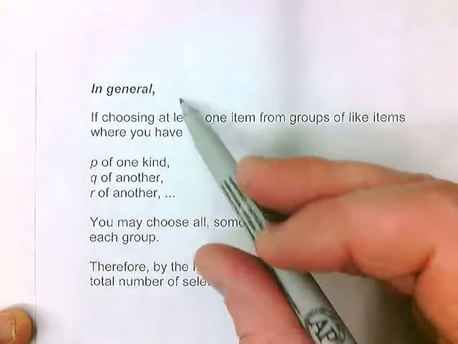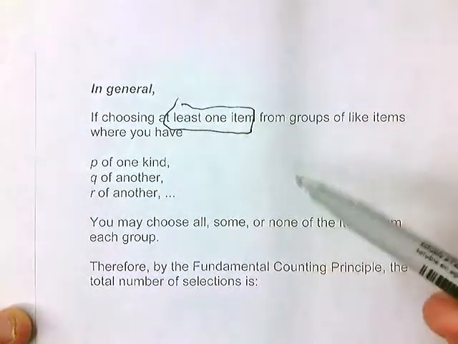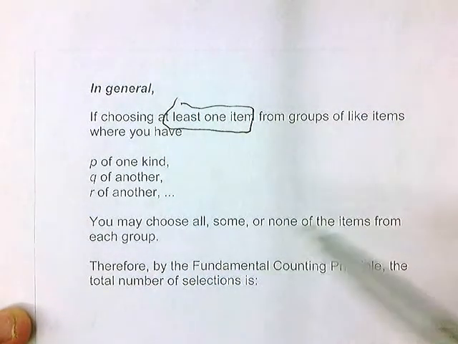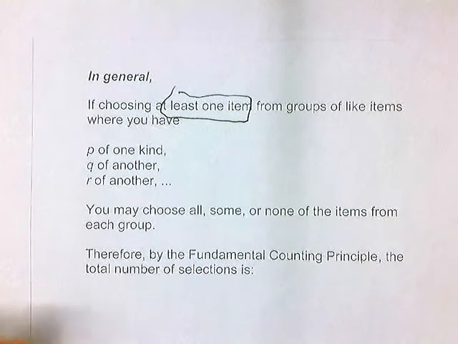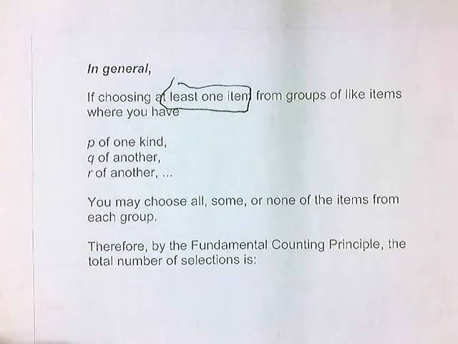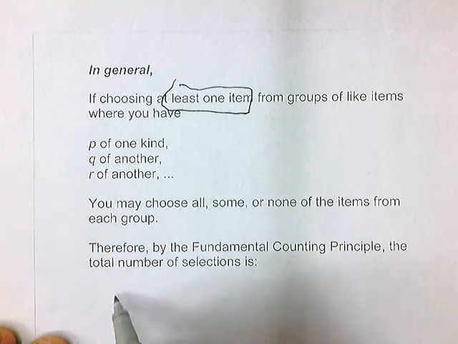But again, you want to have at least one item, so the null set or 0 of all has to be discounted. So therefore, by the fundamental counting principle, the total number of selections can be given as this.